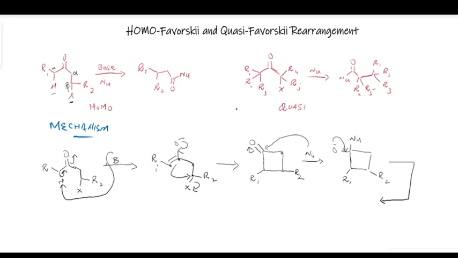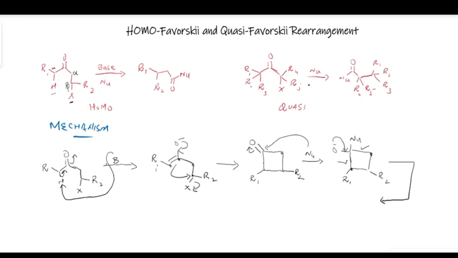Now, when this oxyanion collapses, there are two carbon-carbon bonds that can break. One is this one to form a carbanion at this position, and the other one is this carbon-carbon bond to form a carbanion at this position. Now, if both these carbons are symmetrical in nature, then either of these two bonds can break.